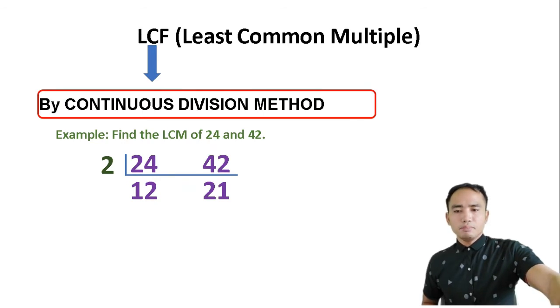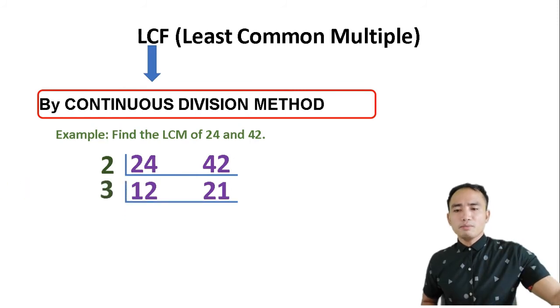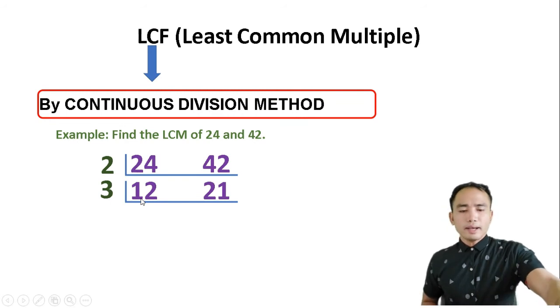These numbers are divisible by 3 because the sum of the digits of each number is divisible by 3. 1 plus 2 is 3, and 3 can be divided by 3. 2 plus 1 is 3, and 3 can be divided by 3. Therefore, it is divisible by 3. So, 12 divided by 3 is 4, and 21 divided by 3 is 7.